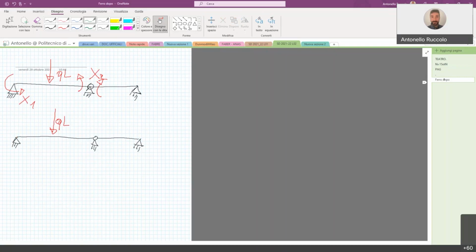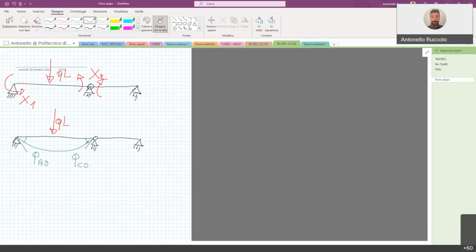So we write the deformed shape associated to this load. We all agree that if we have a beam, the deformed shape associated to this load will be something like that. We have possibility to rotate in the node A and possibility to rotate in the node C. So we want to know how much is phi A0, and then this angle phi C0.